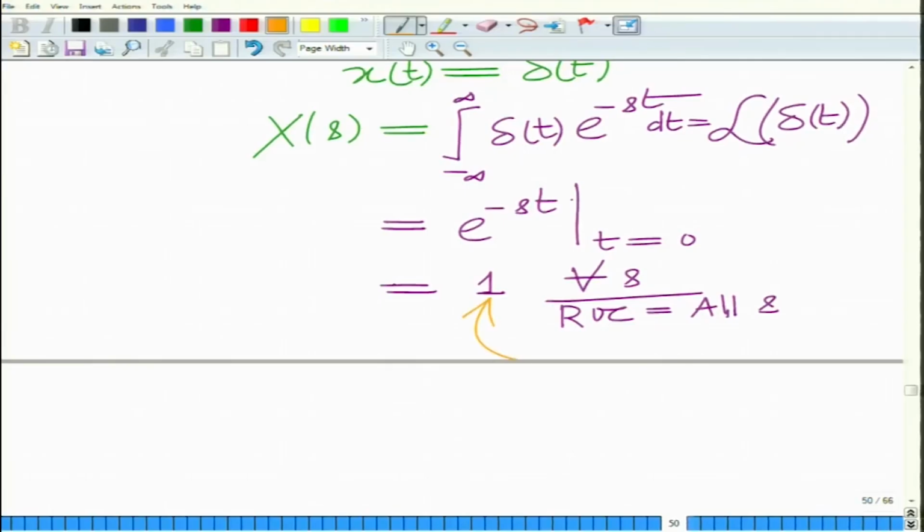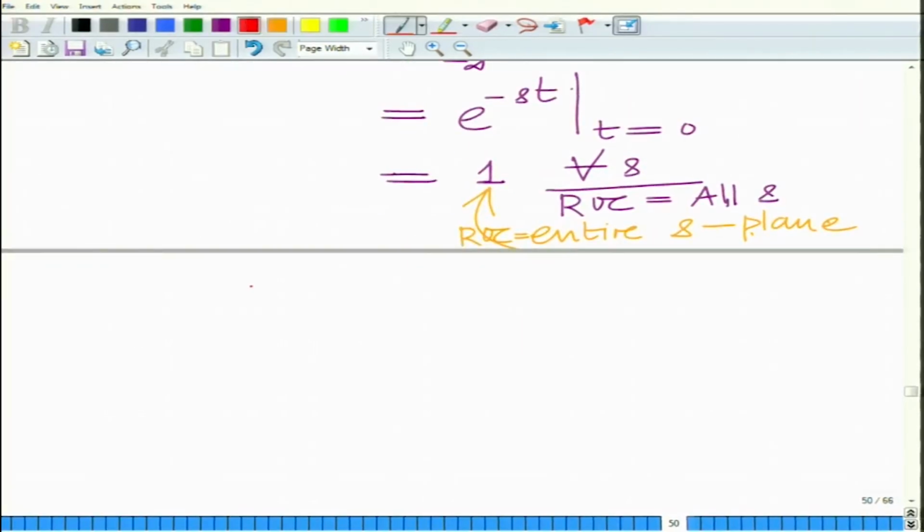So, the ROC equals the entire S plane for the unit impulse.